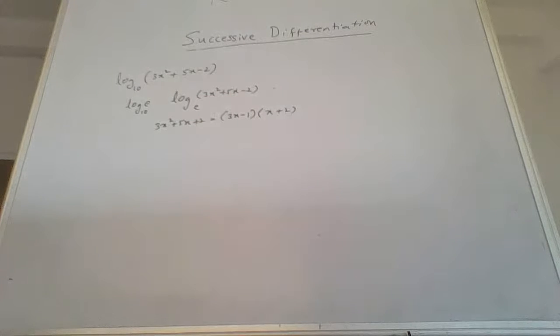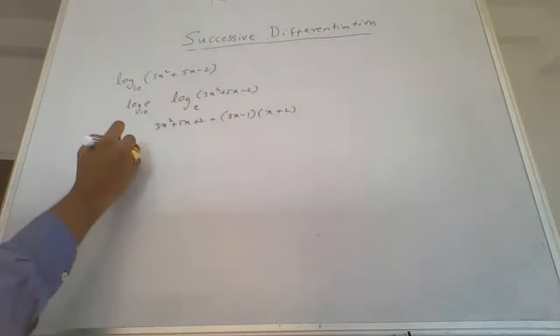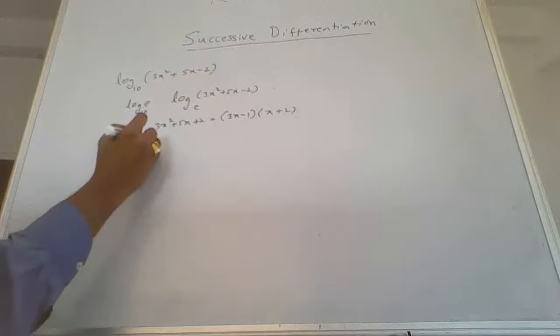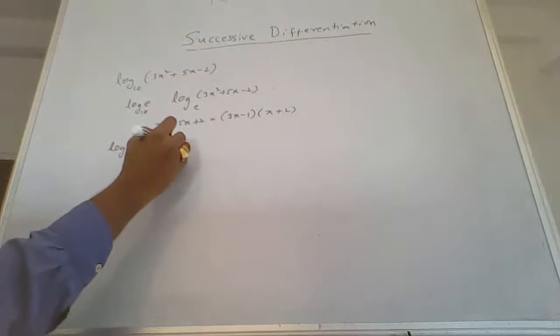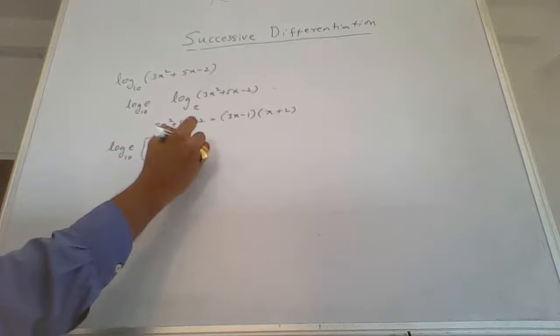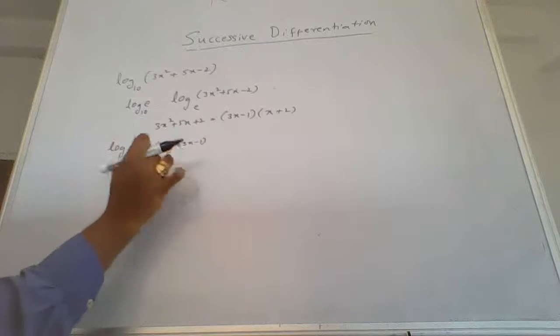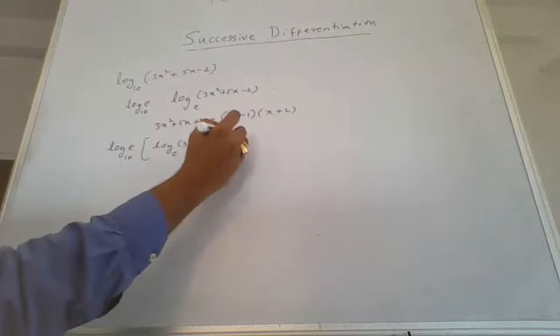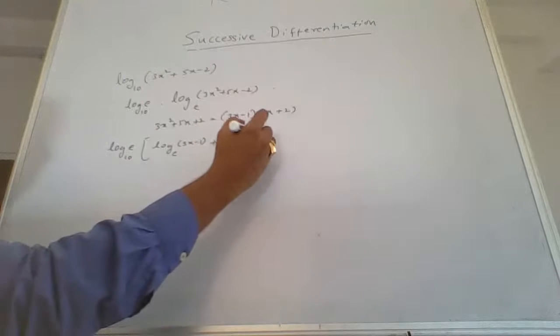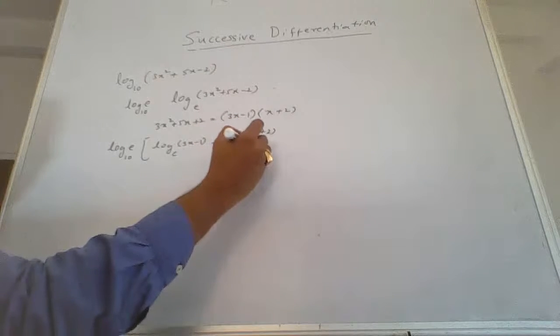So if I have this, I can write log e to the base 10, multiplied by log of 3x minus 1 to the base e plus log of x plus 2 to the base e.